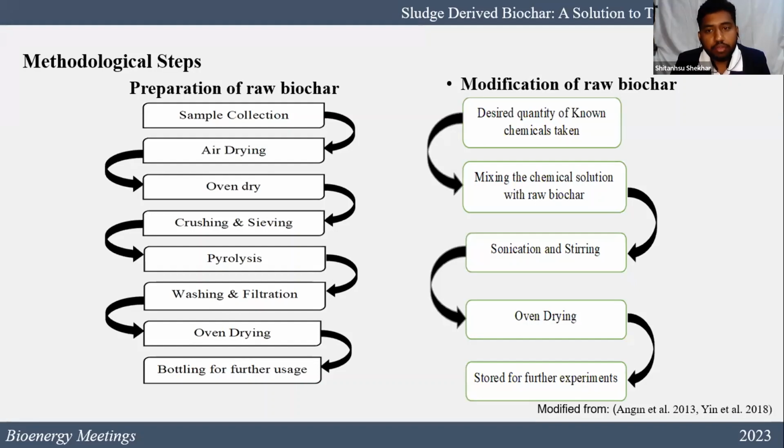Before the oven drying and bottling, we need to wash, because it may leach color. So we need to wash the surface, so the sorption capability will be high and the surface area will be high to absorb the pollutant.